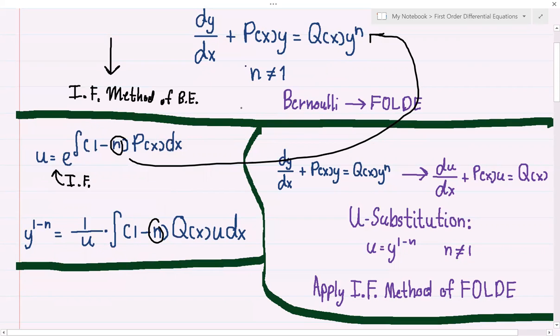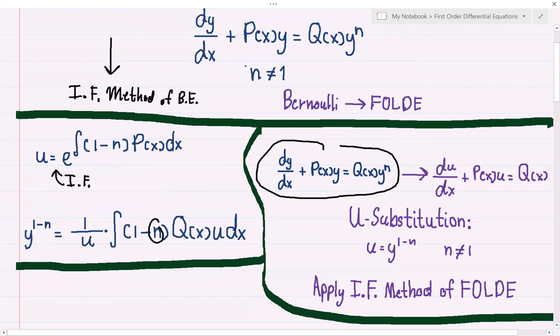Now, the second method is to convert Bernoulli's equation into a first order linear differential equation. We have this one as your Bernoulli's equation, then it's transformed into a first order linear differential equation. And as you can see, the dependent variable is your u.